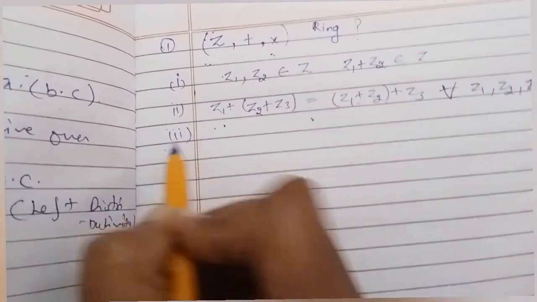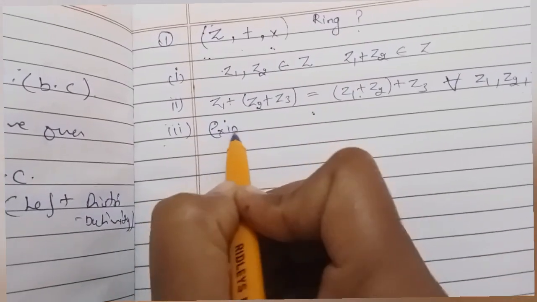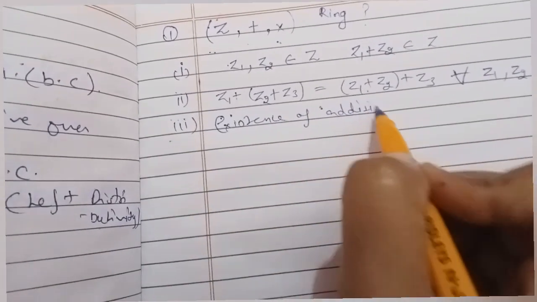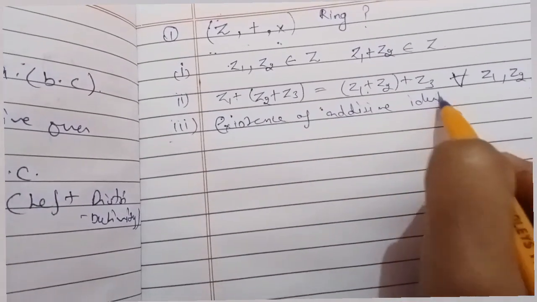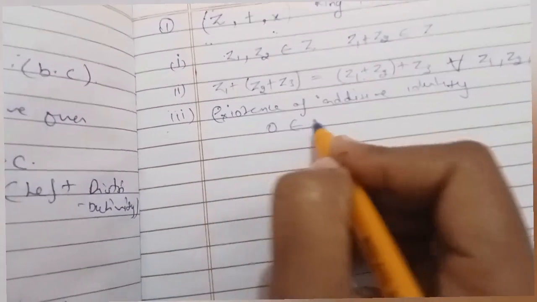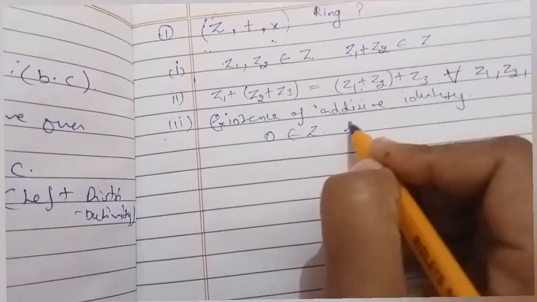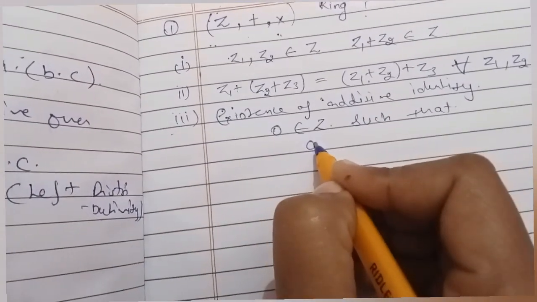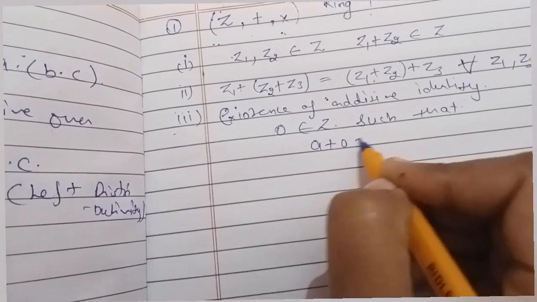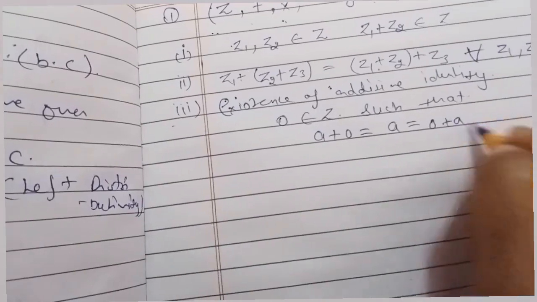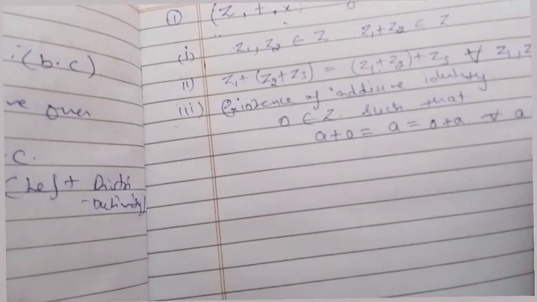The third property is existence of additive identity. Yes, there is an additive identity 0 belonging to Z such that a plus 0 is equal to a is equal to 0 plus a for all a belonging to Z.